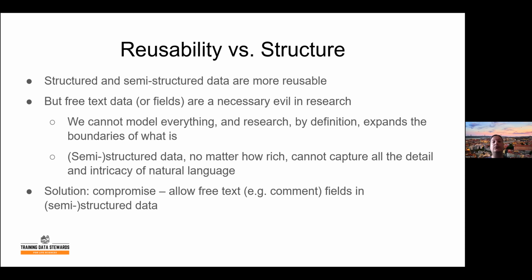So you need to allow a combination of structured data, where you have controlled vocabularies, fixed data types, and control over what is entered, and therefore are able to use those fields for finding data, for example, because you can integrate them in a search engine.